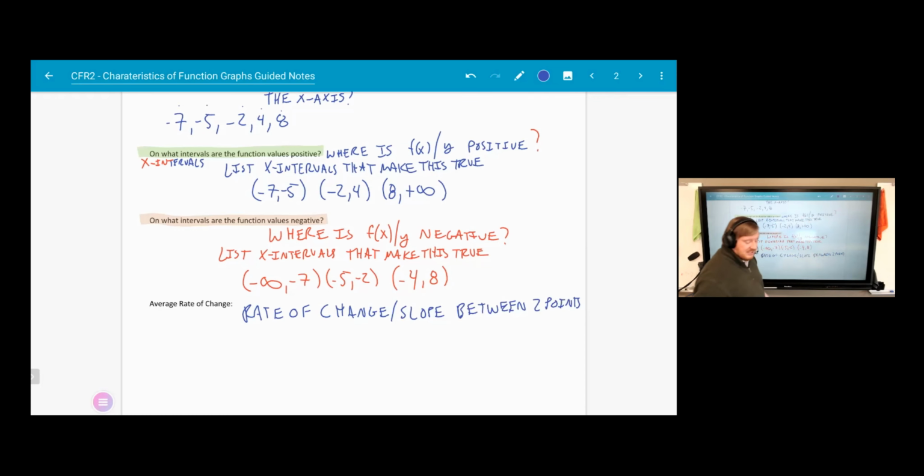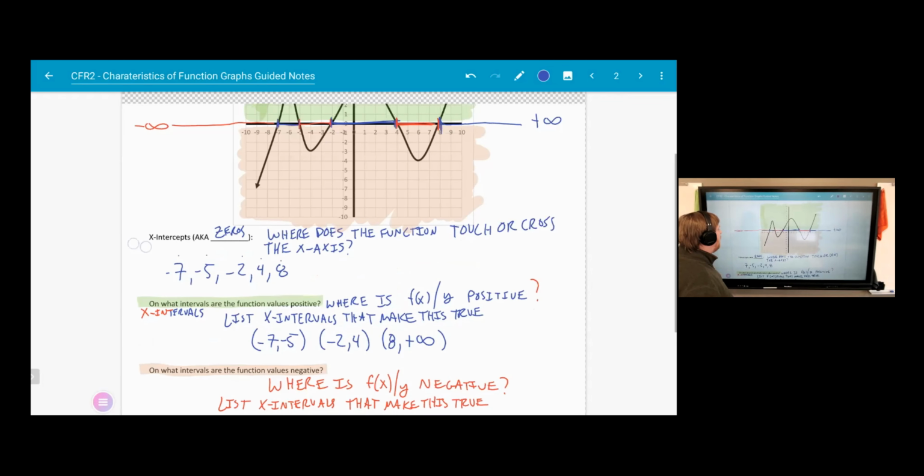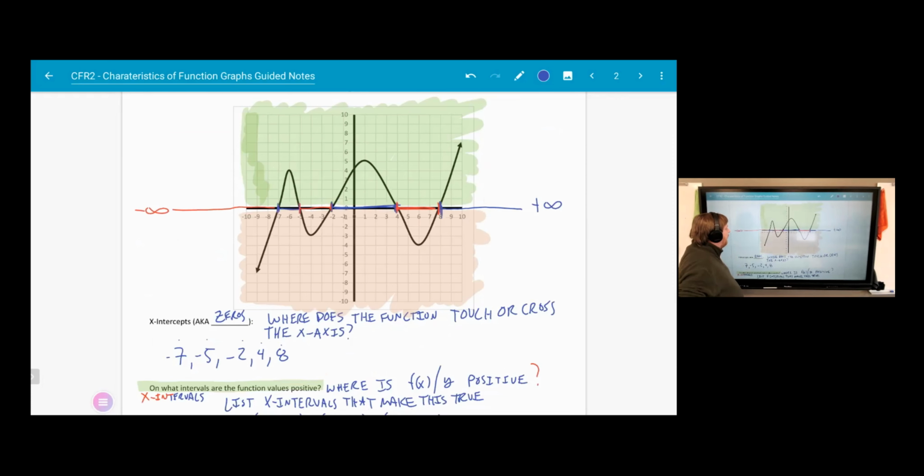In other words, let's say I want you to tell me, where do I have a positive rate of change? All you have to do is pick 2 x values that give me a positive rate of change. I am looking here, and I am saying there is a positive rate of change between when x is -7 to when x is -6, because that rate of change would be right here.